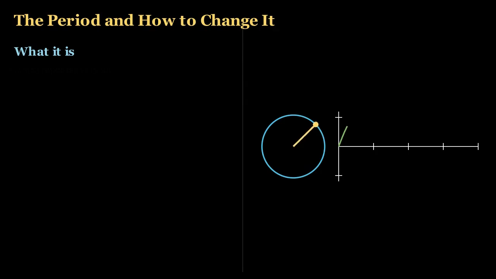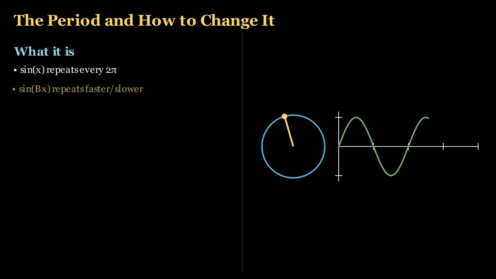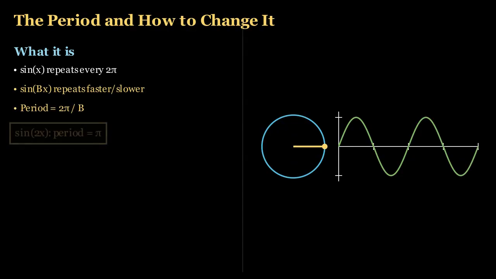You already know that the sine function, sin of x, is a wave that repeats itself exactly every 2 pi radians. That distance along the x-axis for one full cycle is called its period. Now, what if we put a multiplier b inside, like sin of bx? The wave still has the same shape, but it gets squeezed or stretched horizontally.